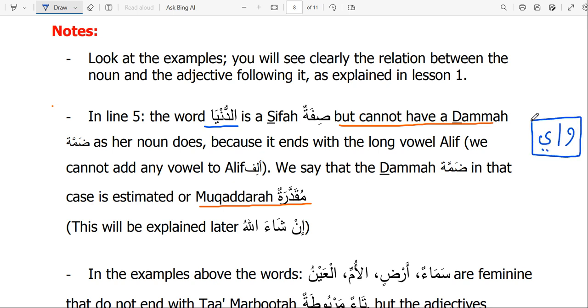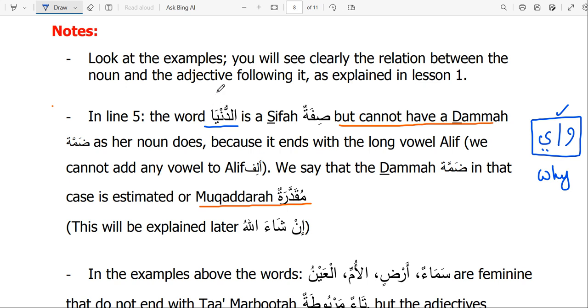So you see the alif is from the long vowels, and they are long vowels in Arabic which do not carry any haraka. So you cannot put a haraka on this long vowel alif. It is totally prohibited. And if there is a haraka, we will just assume it, as in this case.